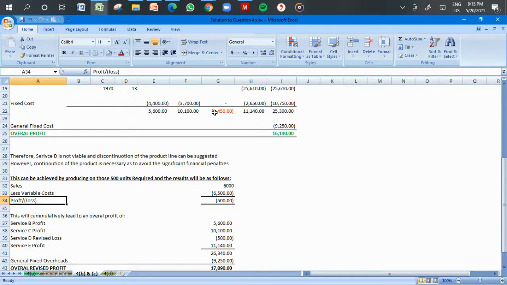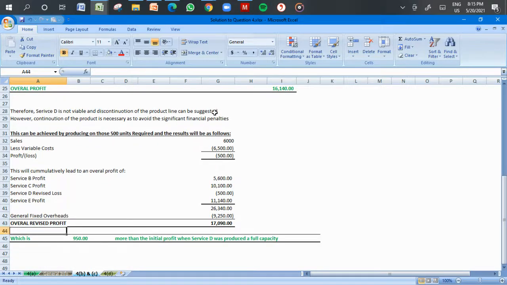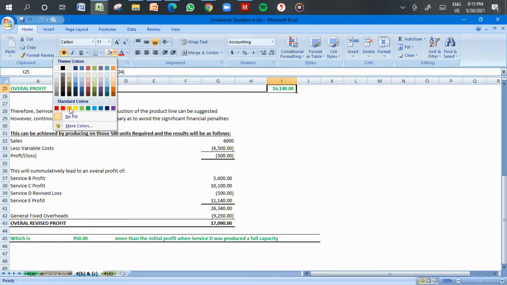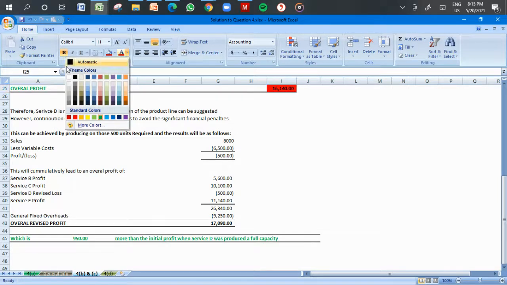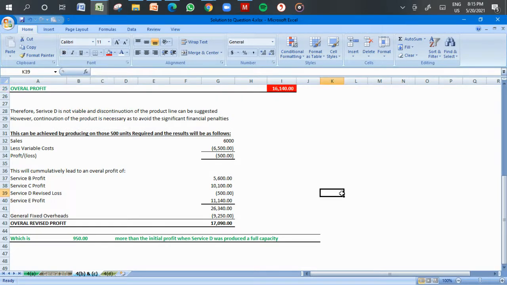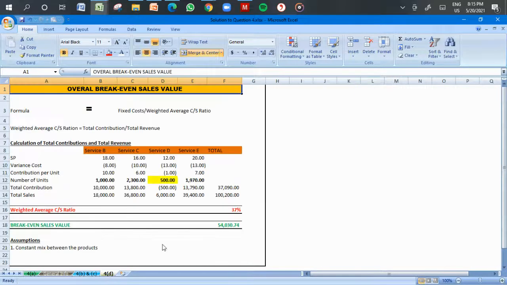This will cumulatively lead to an overall revised profit of 17 point something, as opposed to the 16 that we had when producing the products from D as initially budgeted. So this is how we will do it.